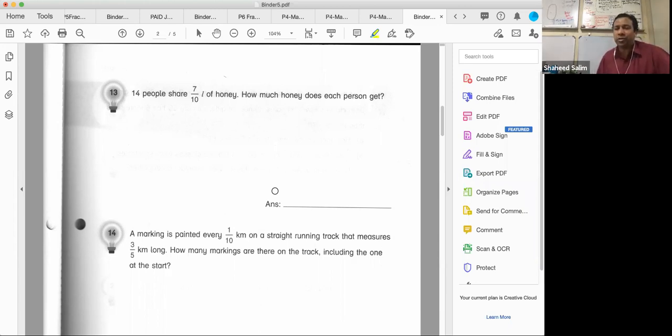Iman, you got an answer for question 13? Zahin, you're already relaxing? What's your answer? For 13, yes, 20. Can I see your working, please? Show me your working.